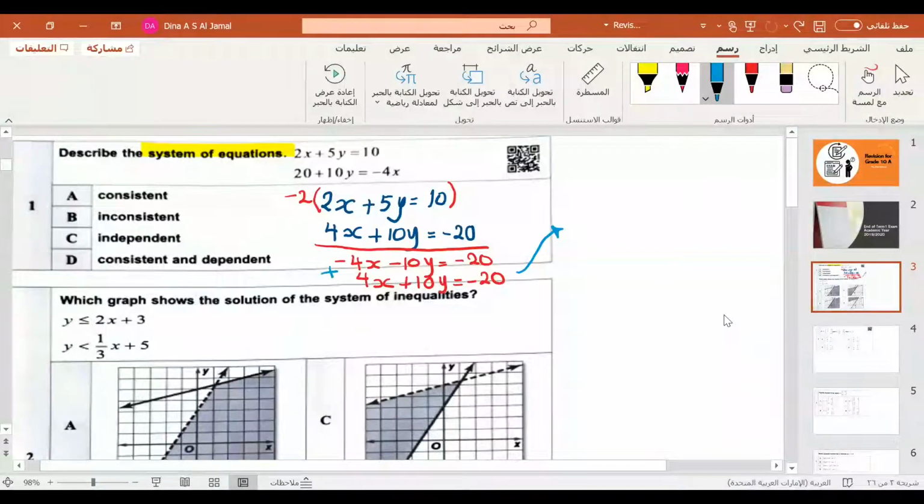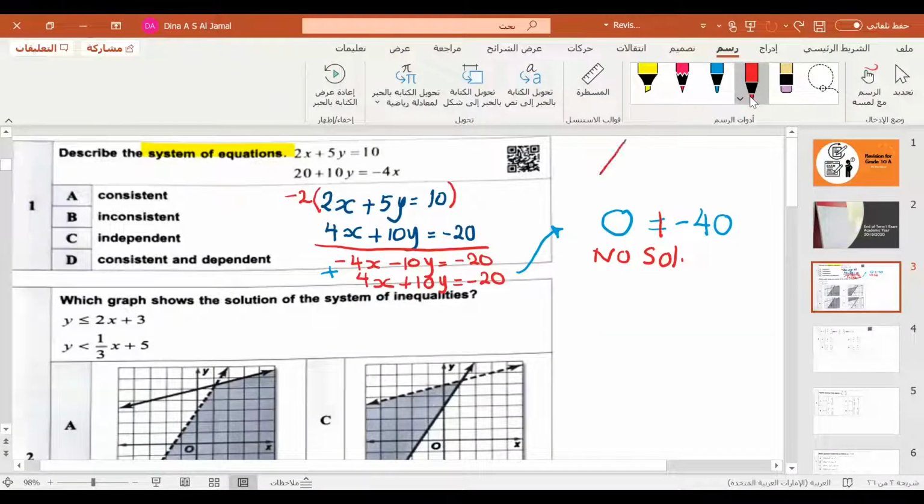So if you added minus 4x plus 4x, it is 0. Minus 10y plus 10y, it is 0. That means this side is 0. So minus 20 plus minus 20, it will be minus 40. And the 0 is not equal to minus 40. That means you are having no solution here.